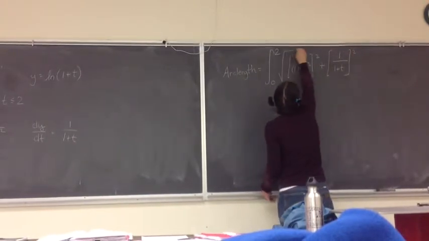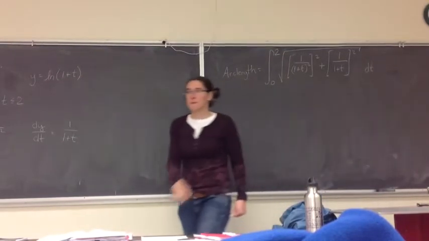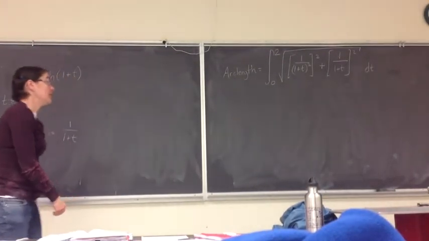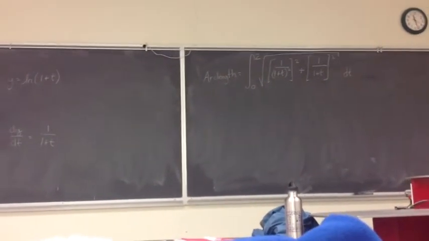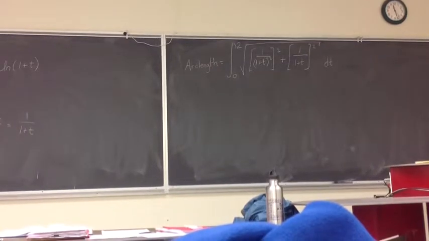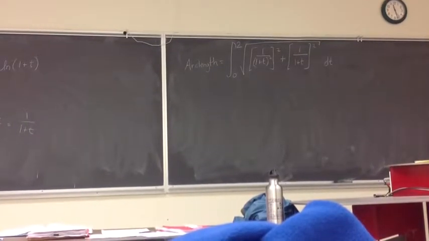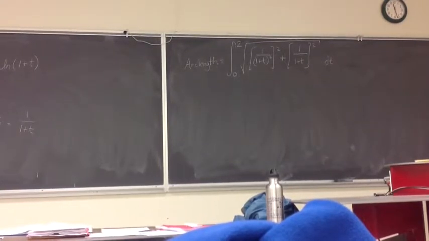I need to take the square root of all of that and then have a dt at the end. Okay, so this is our integral and it is all set up. Are there any questions about setting up that integral? You just find the derivatives, square them, put them under the square root, and there is your formula for your arc length.